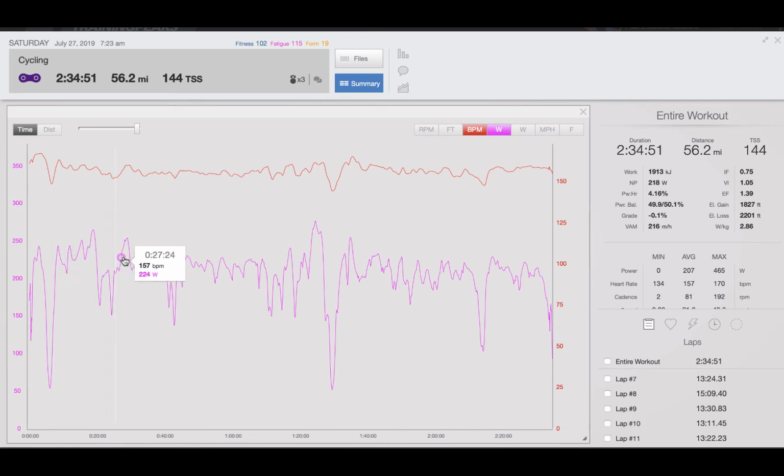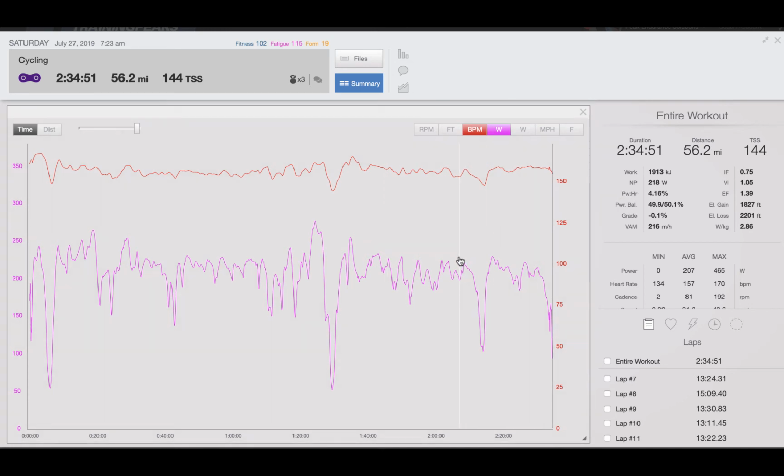So if their power is staying relatively constant, but their heart rate is going up throughout the course of the ride or the run, then that's a sign that their aerobic fitness isn't very well developed at that specific pace or power output. So this is very specific to the pace or power output that you're at. So this, for example, was my 70.3 power output, which I think was like 220 watts.